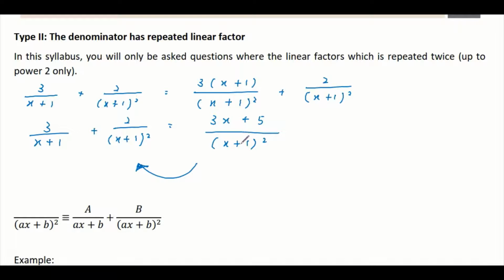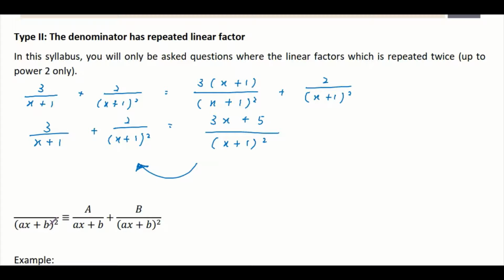In general, if I change this to x plus 1 power 3, then I will have three partial fractions: the first one is x plus 1, the second one x plus 1 power 2, then the next one x plus 1 power 3. In your syllabus, you only need to learn up to power 2.